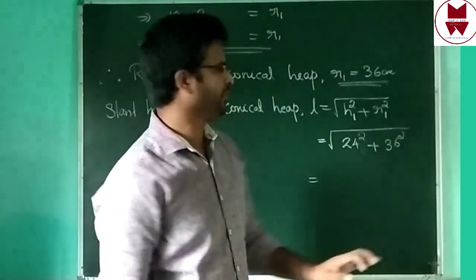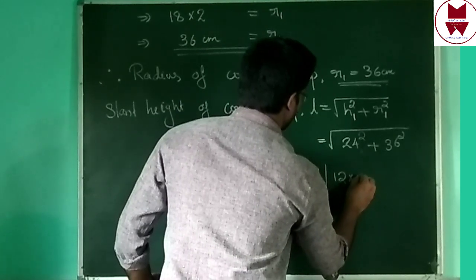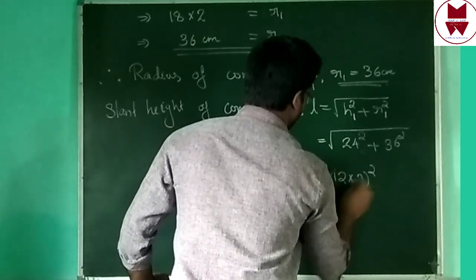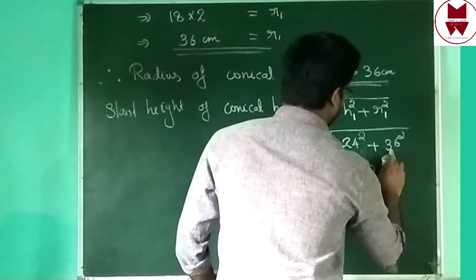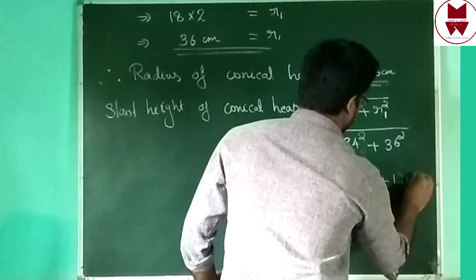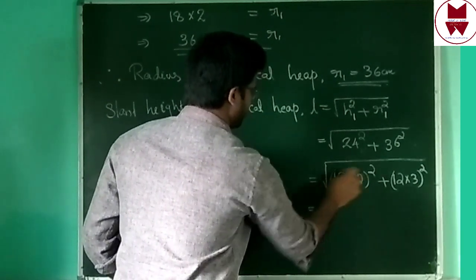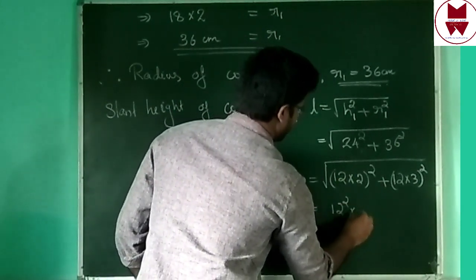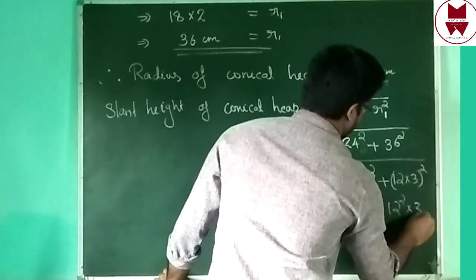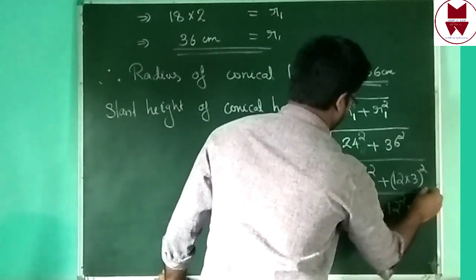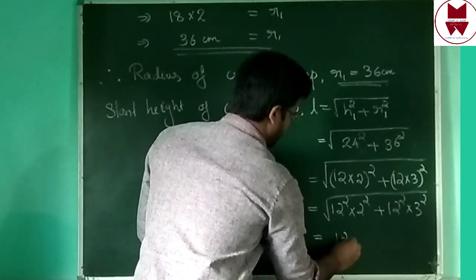That is one method. Another method is that we can write this 24 as 12 into 2, all square, 12 into 2 is 24, isn't it? Plus this 36, we can write as 12 into 3, all square. Squares separately: 12 square into 2 square, and here also 12 square into 3 square. What is common in here? 12 square, isn't it? 12 square take outside.